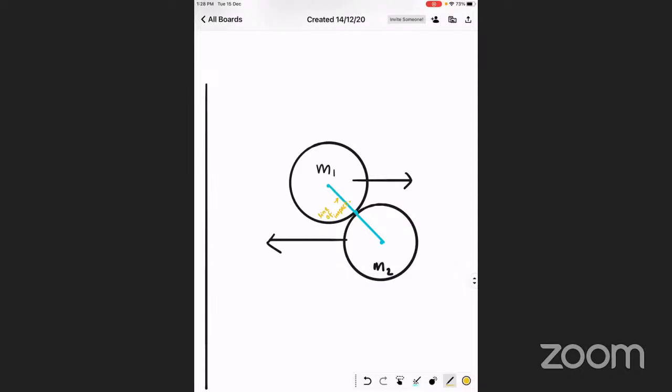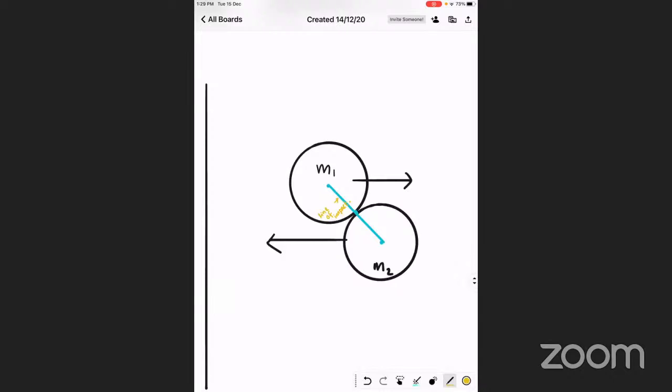Listen again. They will apply a force along the line of impact on each other. Yes or no? Yes, sir. Okay, so now imagine only about M1.